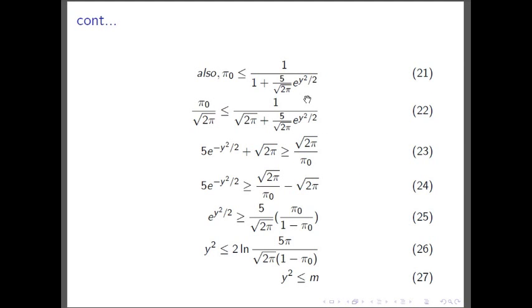From equation 18, we have pi naught less than or equal to 1 by 1 plus 5 by root 2 pi into e power y square by 2. Now, solving for y in terms of pi naught, we have y square is less than or equal to m, where m is equal to 2 ln 5 pi naught divided by root 2 pi into 1 minus pi naught.